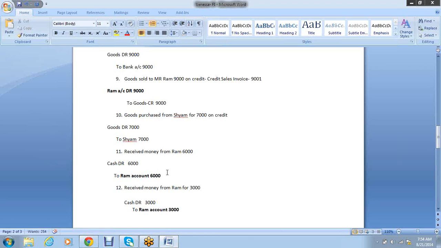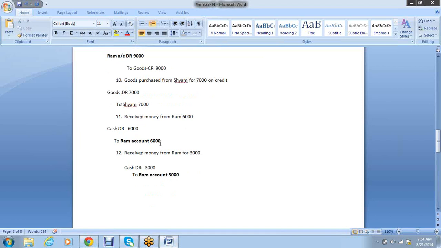Against the same document we deduct 6,000 once and 3,000 once, because it is related to credit invoice number 9001. I'm just giving one example. Against that sales invoice, we clear the amount we have received.